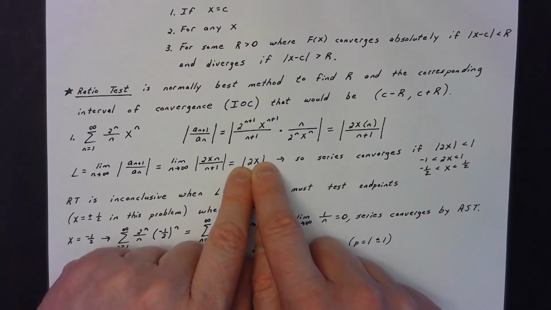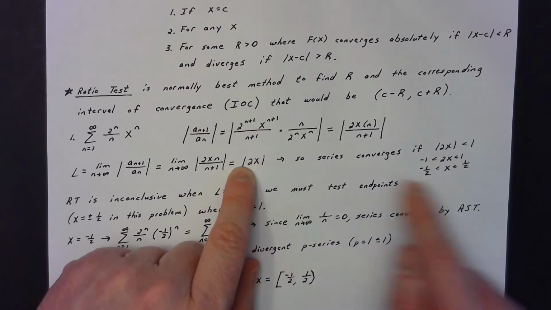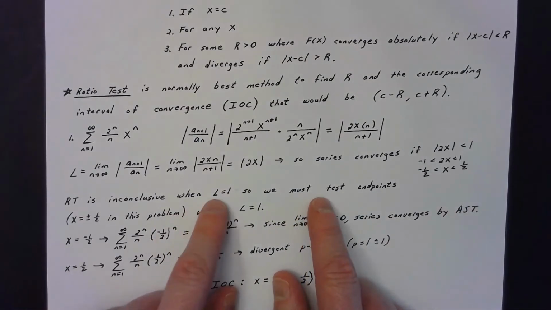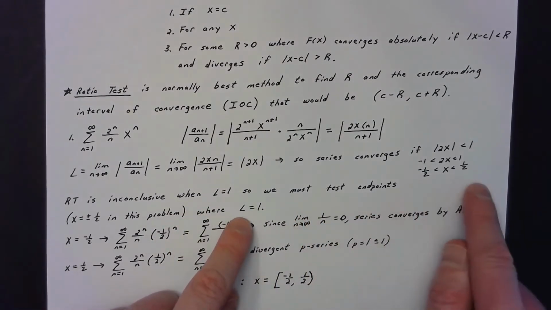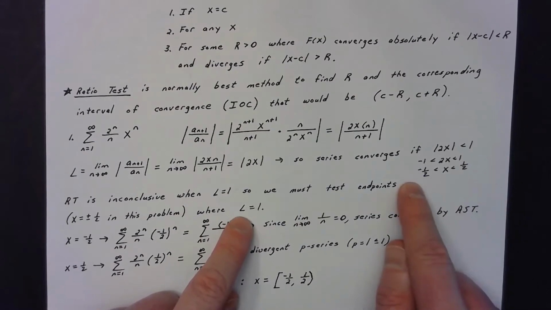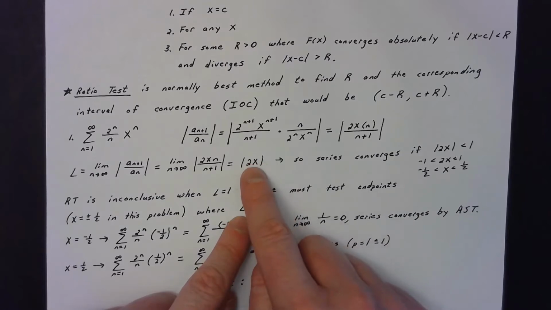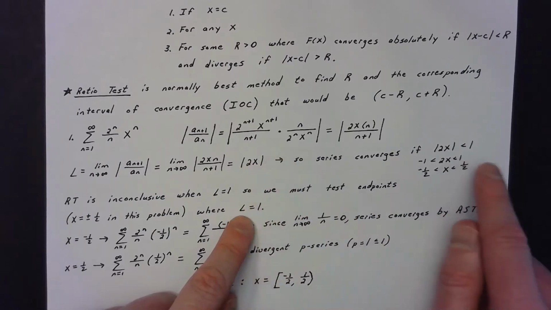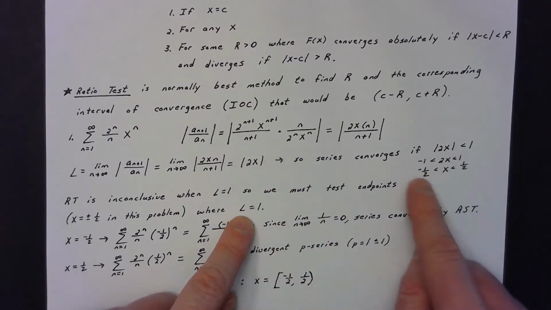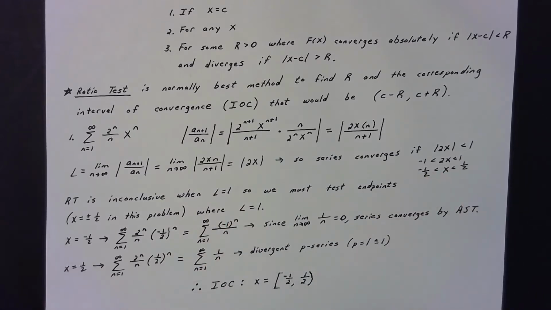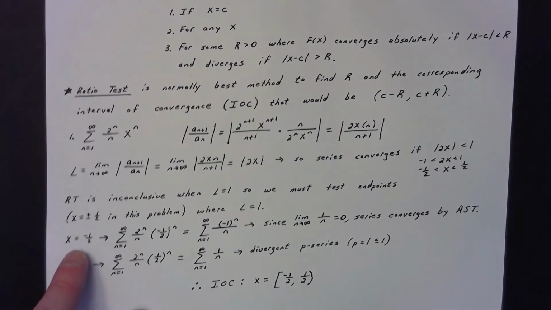In either case, the L value would be 1, in which the ratio test is inconclusive. So that's why I'm saying down here, since the ratio test is inconclusive at L equals 1, you have to always test those endpoints. So I get a lot of my interval of convergence just by setting whatever answer I get for L strictly less than 1, and that's the beginning part, but then I'm always going to have to test those endpoints. So I test the endpoint negative 1/2.